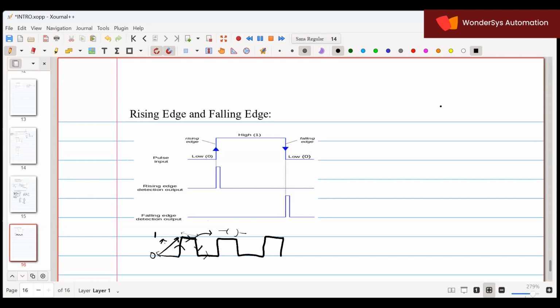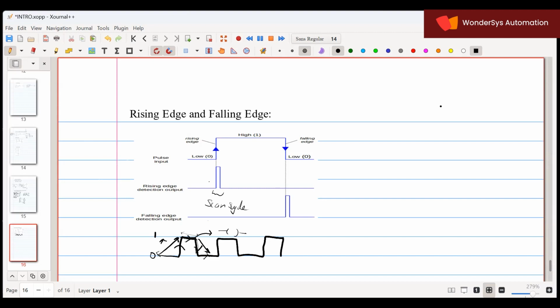So we can make any signal on between this transition, and this happens in microseconds or nanoseconds. Similarly, when there is a negative edge, a transition from 1 to 0, that time also we can use to energize the output. So this is called a scan cycle.